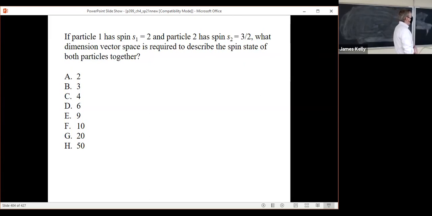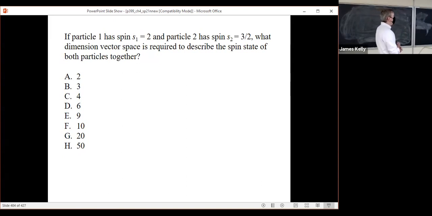So let's just do some counting here. Suppose we've got two particles. Particle 1 has a spin quantum number S equals 2, and particle 2 has a spin quantum number S equals 3/2. Just by thinking of how the dimension of the vector space ended up being 4 when we had two spin 1/2 particles, here we've got a spin 2 and a spin 3/2.